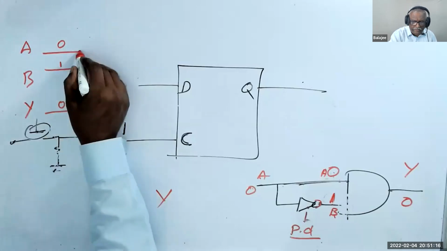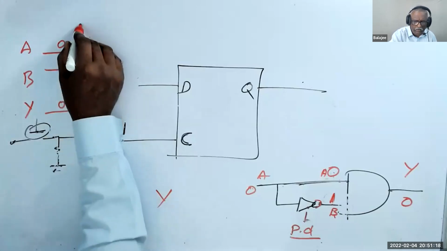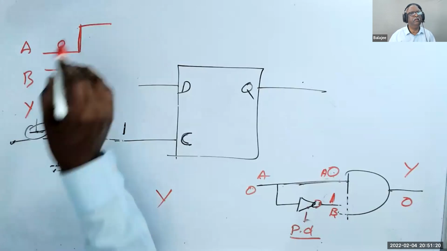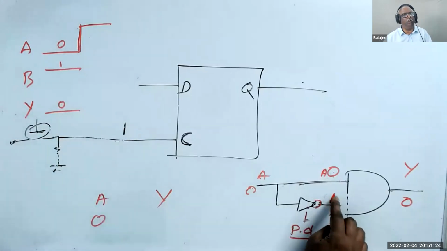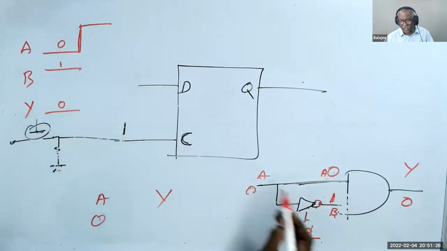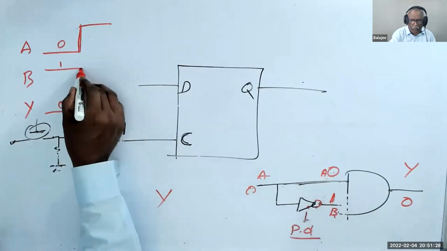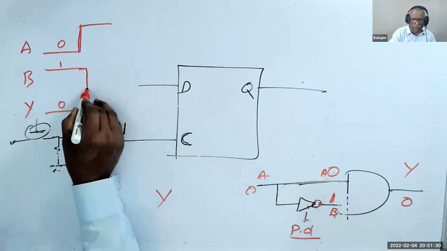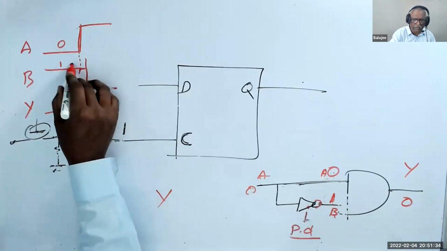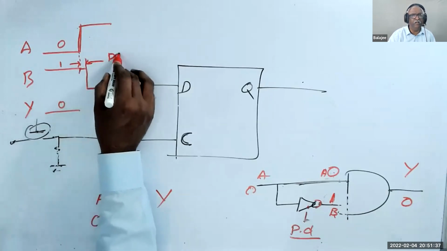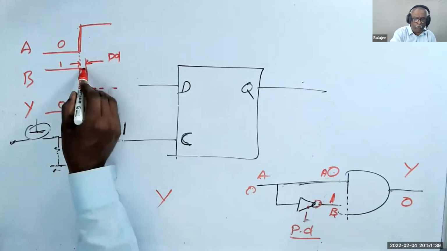When I make A go from 0 to 1, B will change to 0, but will not happen immediately because of this delay. There's a delay here. This delay is called propagation delay. But during that period, both are 1.